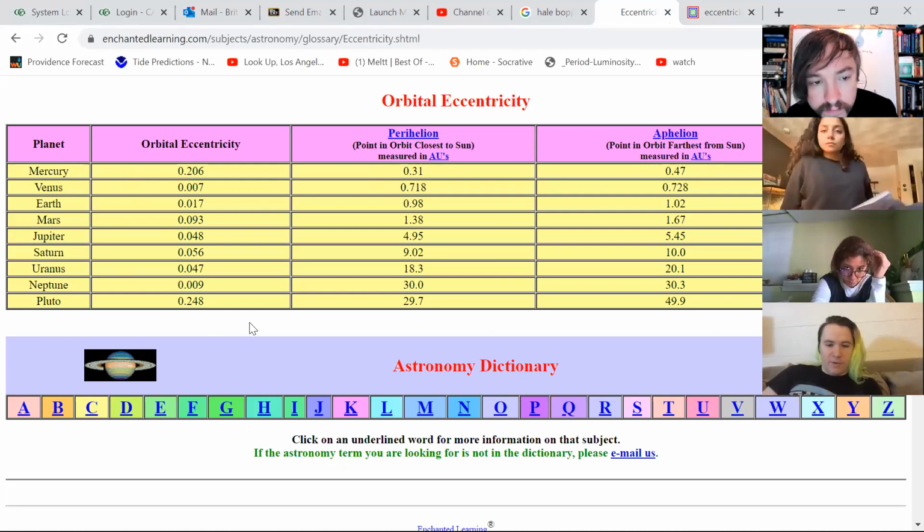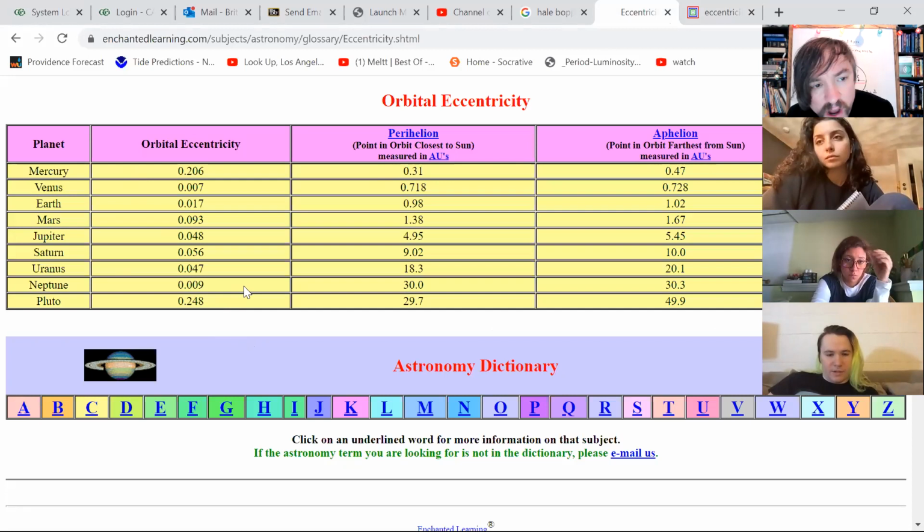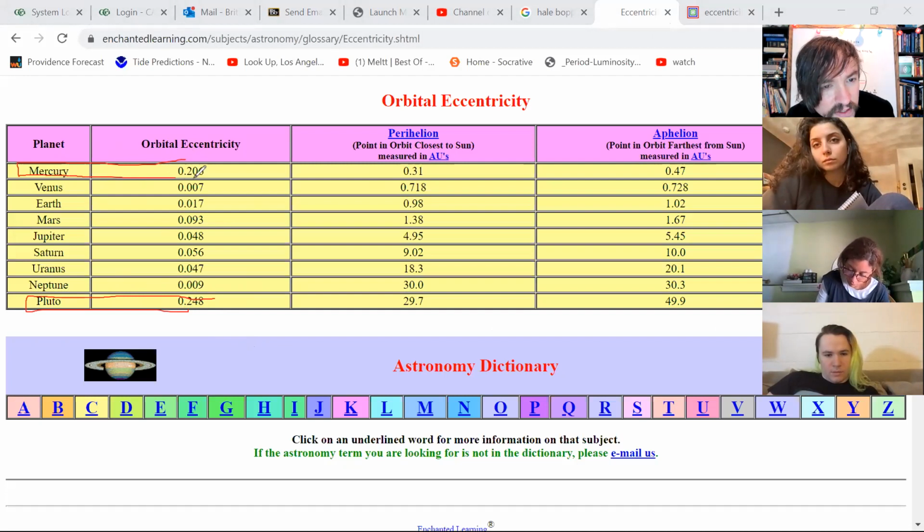This might be wrong, but is it the bigger the planet is, the smaller the eccentricity? No, not at all, because the planets with the largest eccentricities are two of the smallest. Pluto and Mercury are two of the smaller bodies in our solar system. The lowest eccentricity in the solar system is Venus, and that's not as big as Jupiter or Saturn.